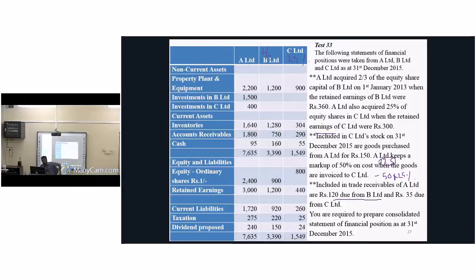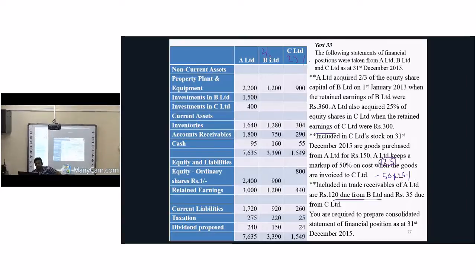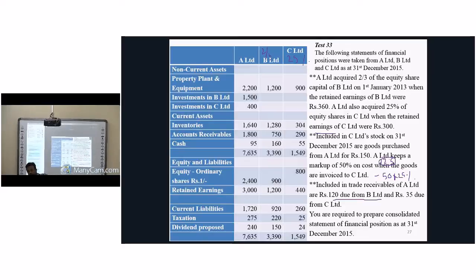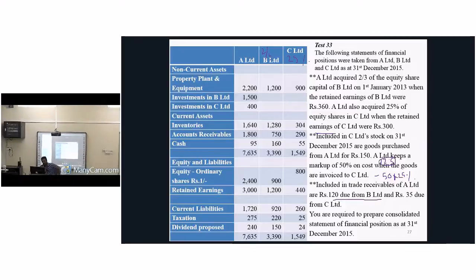First type, simple investment: one entity purchases another entity's share capital of less than 25%, which means there is no influence at all on the other entity. If any entity purchases more than 25% of another entity's shares but less than 40%, usually we call it, what's it?